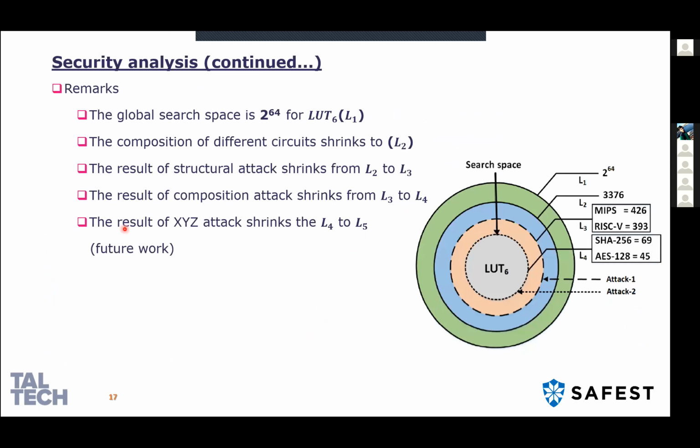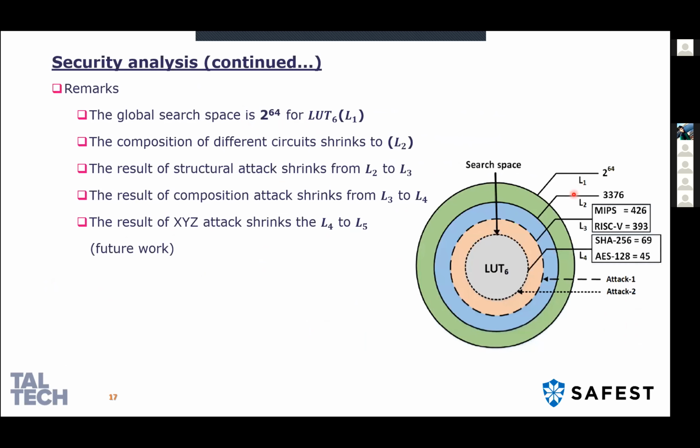So we conclude the different attacks, the previous two attacks, in this slide. In this figure, we can see different levels, how the search space for one lookup table, this LUT6, is shrinking by performing different attacks. The search space for LUT6 is 2 raised to the power 64 patterns.